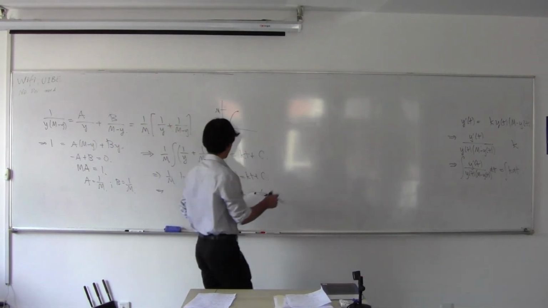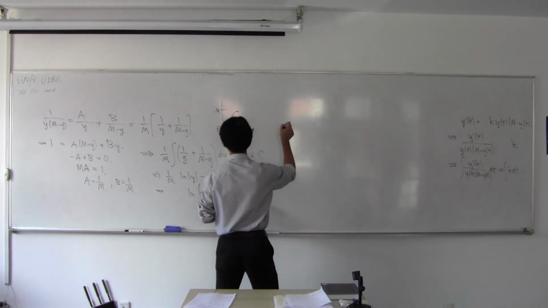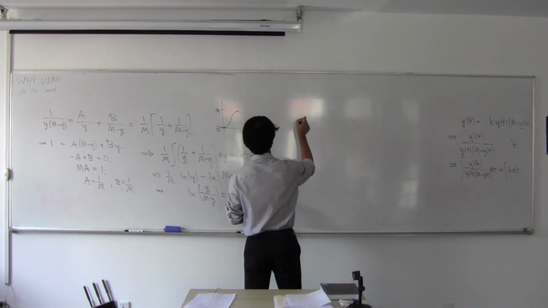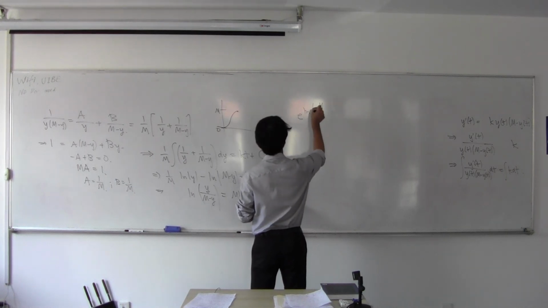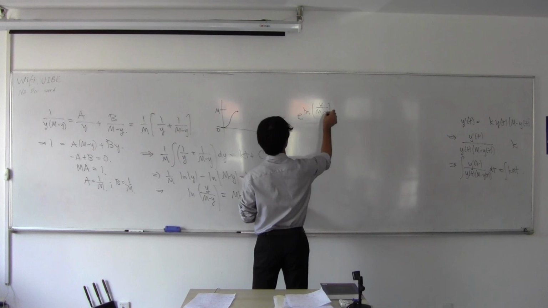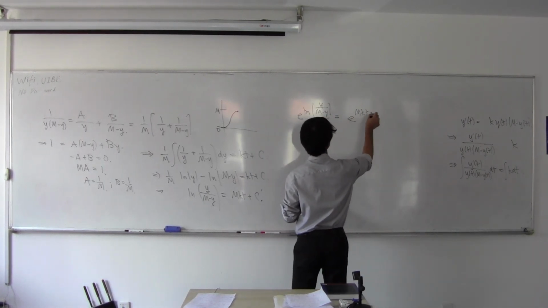So again, we exponentiate both sides. We get e to the natural log of y over m minus y equals e to the mkt plus c prime.